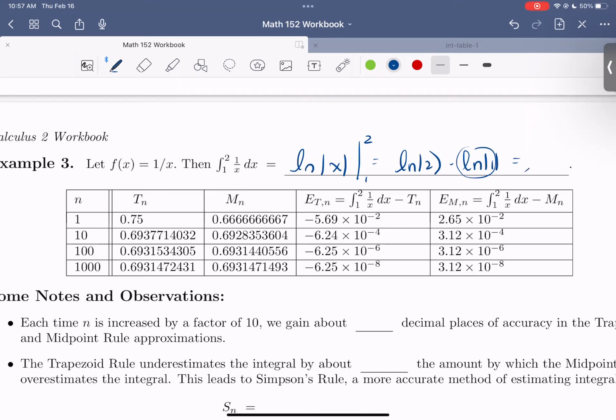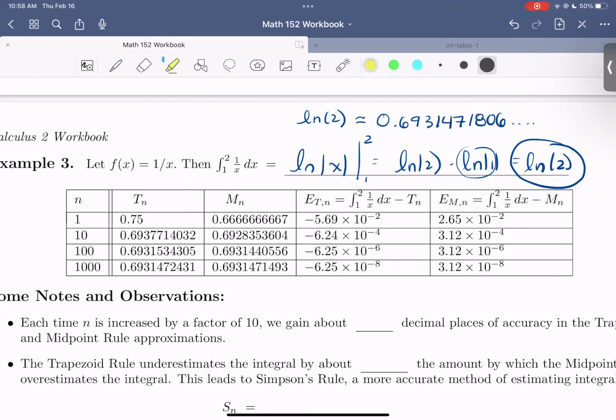So this is just ln of 2, which if we plug that into a calculator, we get that ln of 2 is about equal to, it's a non-repeating decimal forever, 0.69314711806, etc. All right, so there is the actual exact value of the integral.